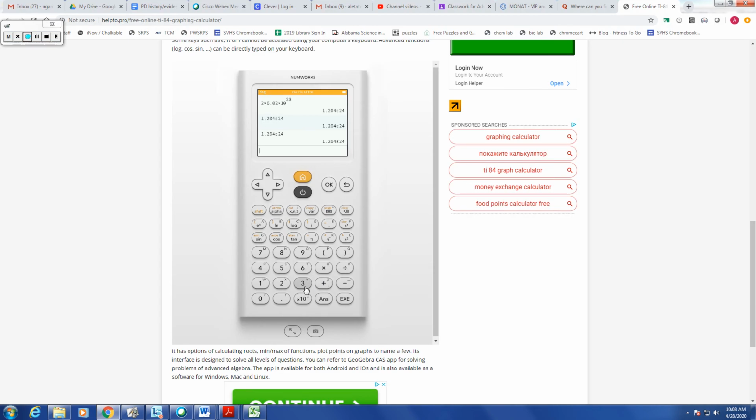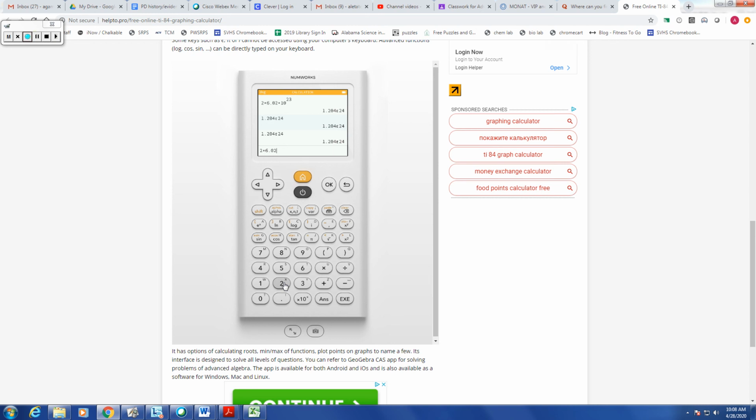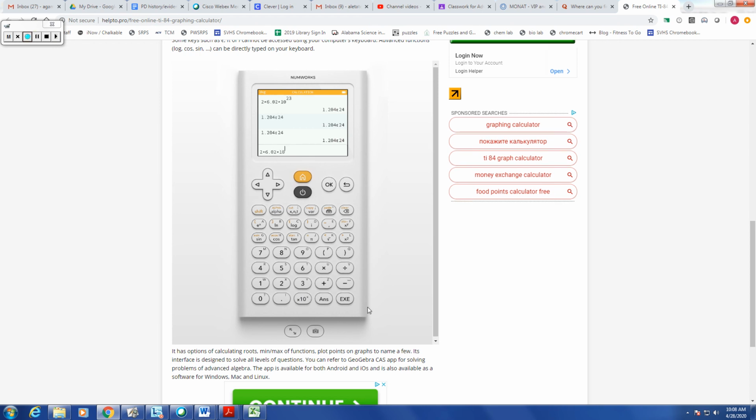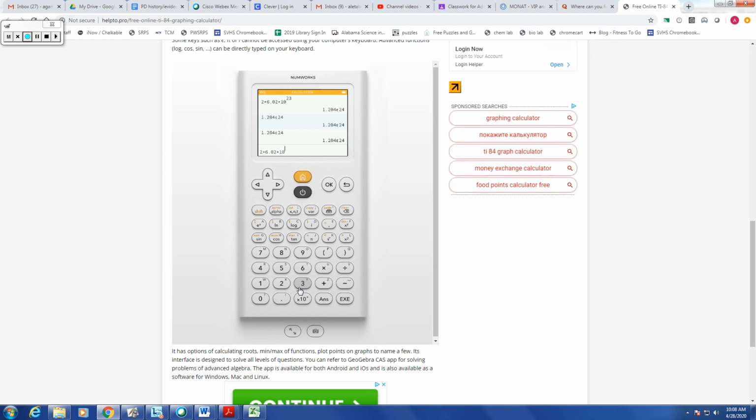Okay, so you would do 2 and then times, and then you do the 6.02. Now, this is where you want to let your calculator work for you and not against you. Okay, you see this button right here, times 10 to the x? If you hit that, that puts times 10 to the in the calculator. Okay, now, I'll tell you, on some of your calculators, it may be a button that says EE.